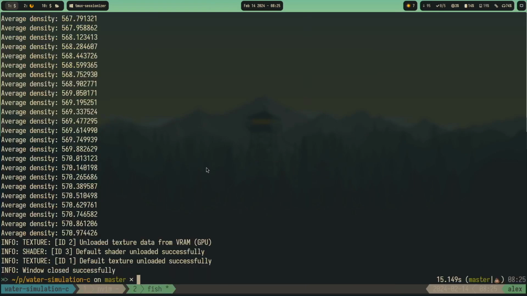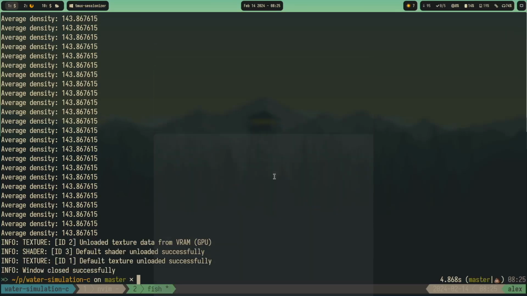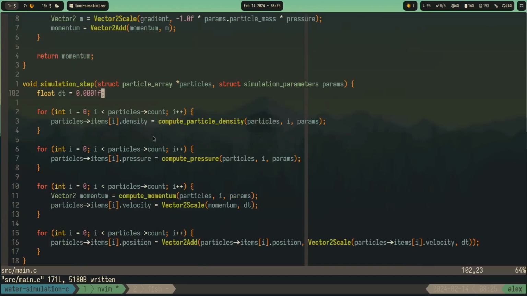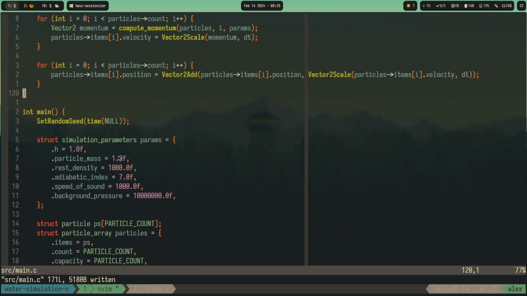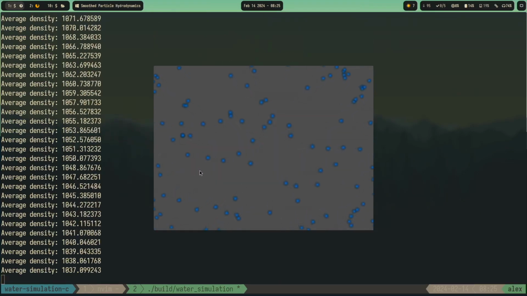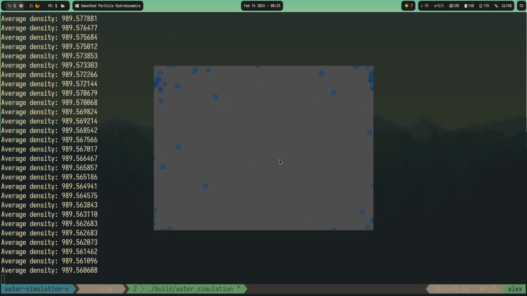Like that would be the goal of this thing, to try to get the density to 1000. And here, for example, it was larger than 1000, so it started to push out the particles.